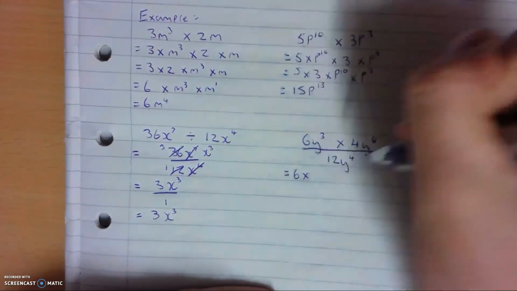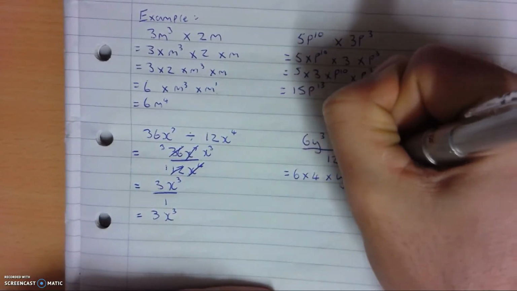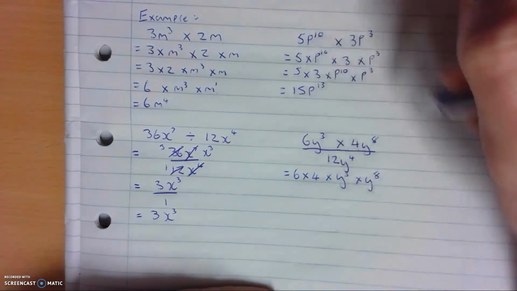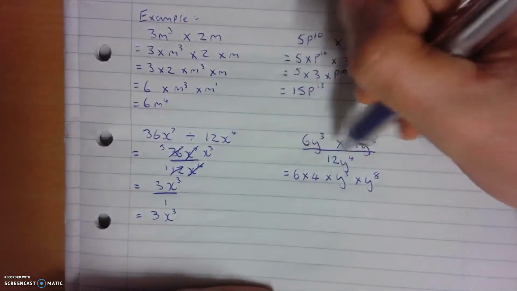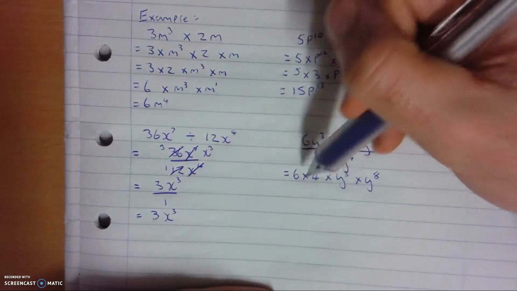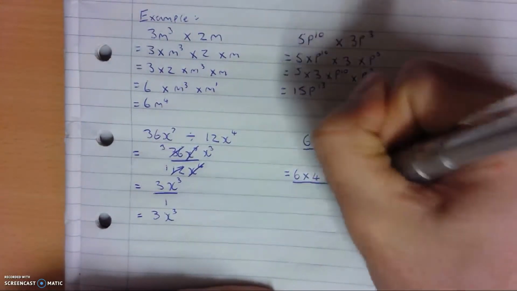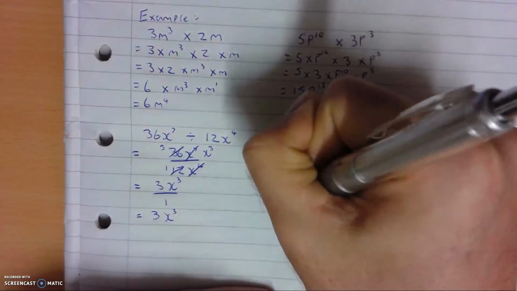So 6 times 4 times y to the power of 3 times y to the power of 8. All right, so in that step right there, I have added my hidden multiplication symbols and rearranged them so I've got my numbers, my variables together. That whole thing is still over 12y to the power of 4.